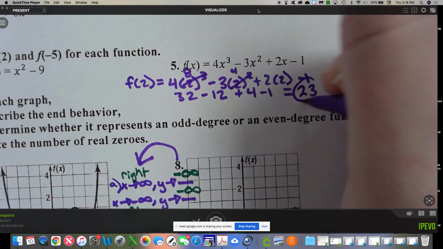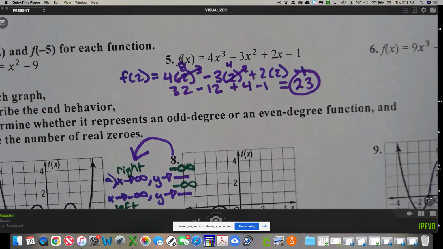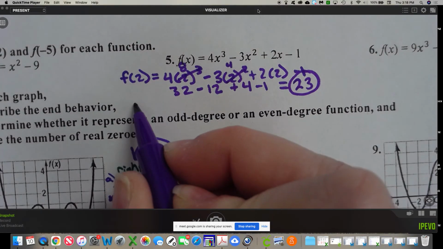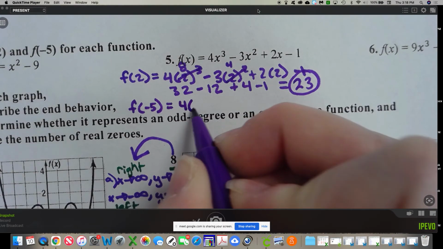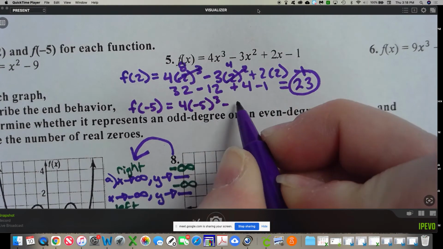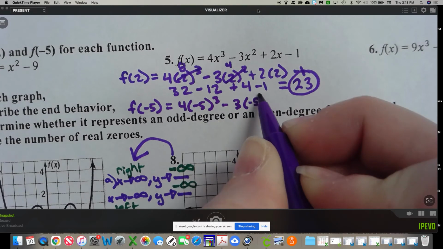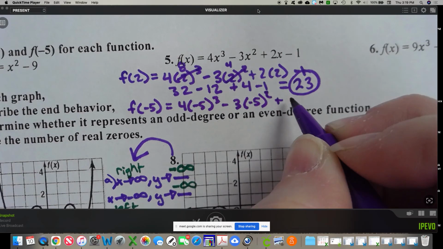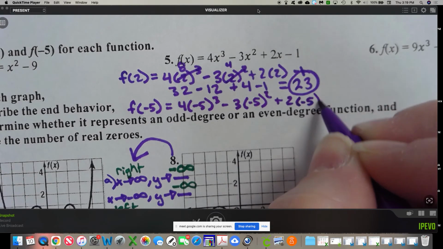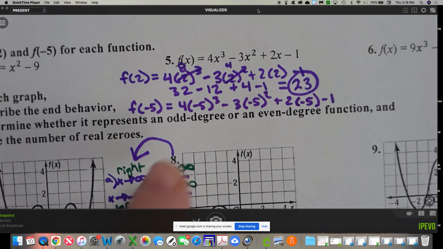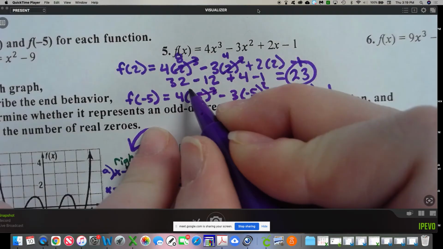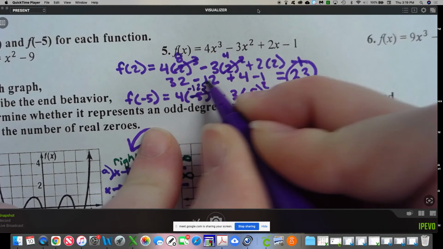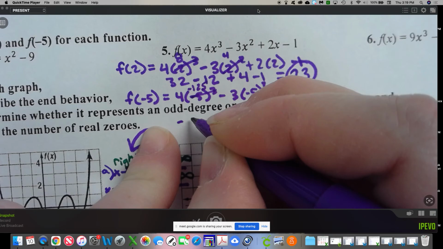Then we do f of negative 5. Ooh, I'm running out of room. 4 times negative 5 to the third. This one's even worse. Okay, negative 5 to the third power: 5 times 5 times 5, negative 125. And now we have to take that times 4, negative 500 exactly.